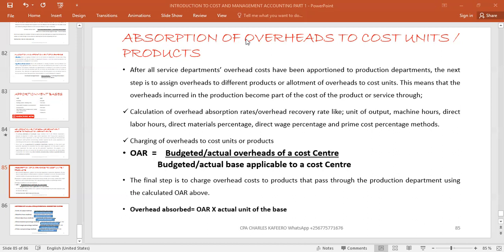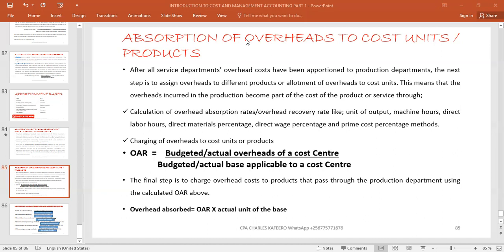So after all service department overhead costs have been apportioned to the production department, that was the secondary apportionment, the next step is to assign overheads to different products. Another way you can define absorption of overhead is allotment of overheads to the cost units.